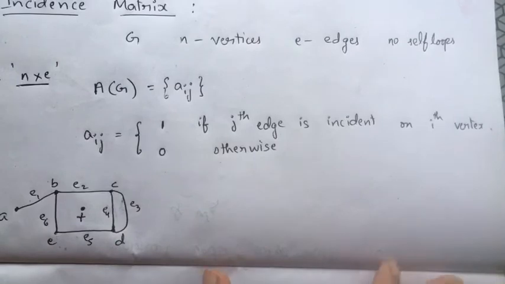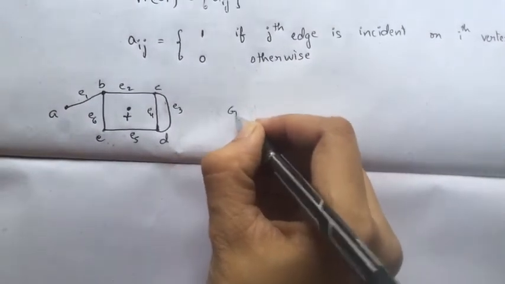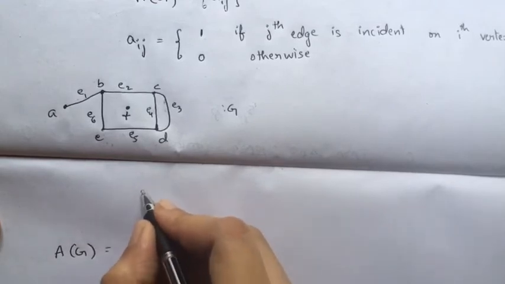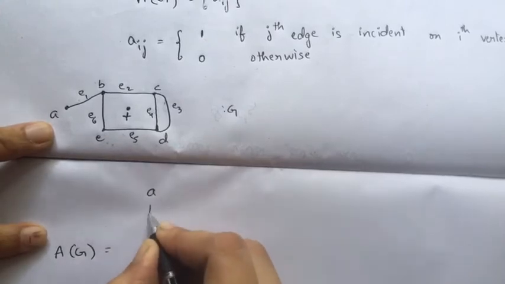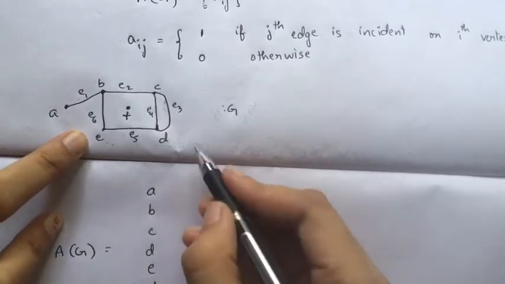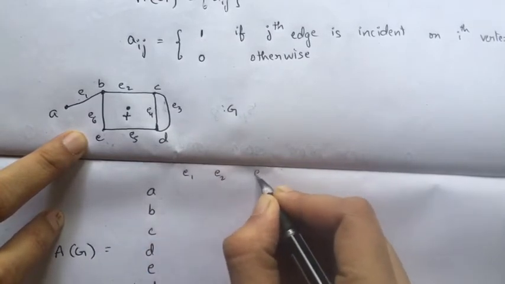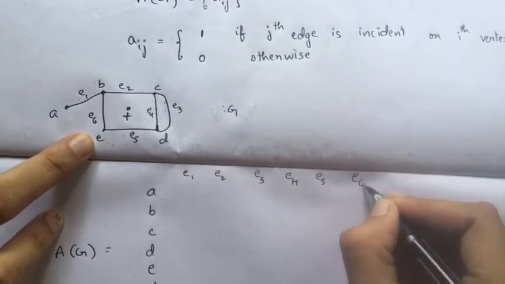Now we'll write the incidence matrix for this graph G. A of G is equal to, first I'll mention all the vertices: A, B, C, D, E, F, and edges E1, E2, E3, E4, E5 and E6.